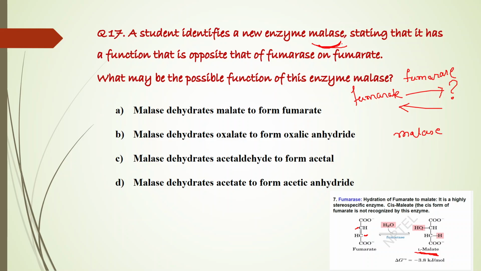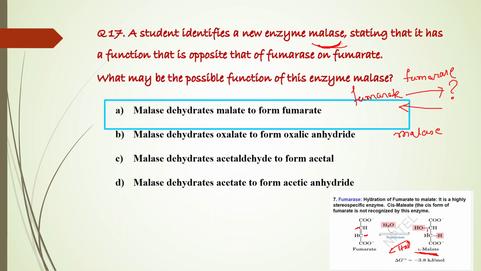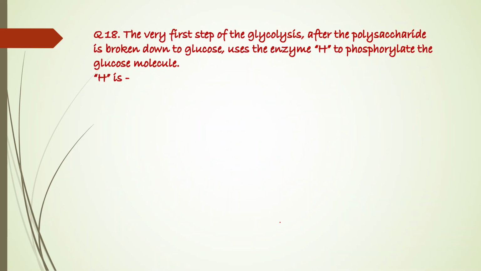There should be a dehydration reaction where the H2O molecule will get out from the system and you will end up with a double bond here, because if these two come out you will have a double bond here. That should be the reaction. So what should we name it? Malase dehydrates malate to form fumarate, that is the opposite reaction, malate to fumarate. And this is a dehydration reaction. So option number A should be the correct answer for question number 17. Okay, let us move to the next one.